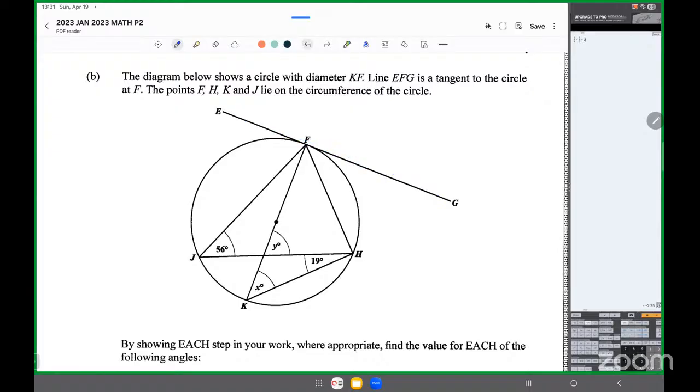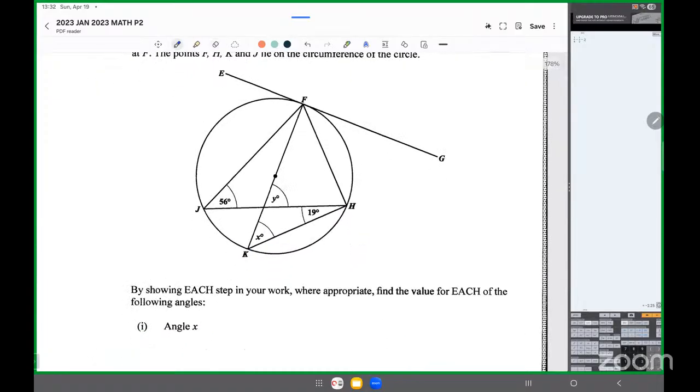We're thinking about tangent and chord, so this angle equals this angle here. And also tangent and radius is 90 degrees. We're thinking of some of those things before you go. And it says points F, H, K, and J lie on the circumference. These points are on the circumference, as you can see.